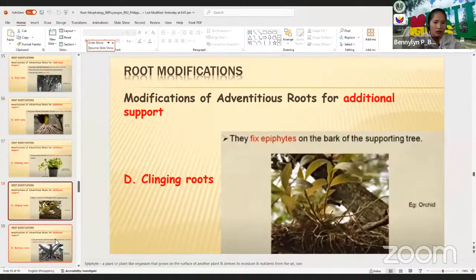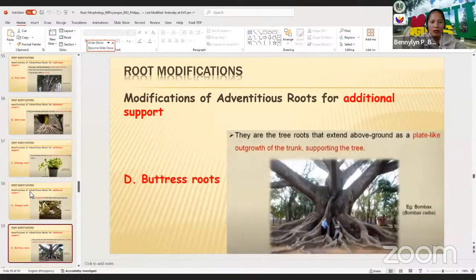For the clinging roots, they fix epiphytes on the bark of the supporting tree, like the orchids. When we say epiphytes, it's a plant or plant-like organism that grows on the surface of another plant and derives its moisture and nutrients from the air or the rain. So clinging roots, the orchid is one example. For the buttress roots, they are the tree roots that extend above ground, with a blade-like outgrowth of the trunk supporting the tree.